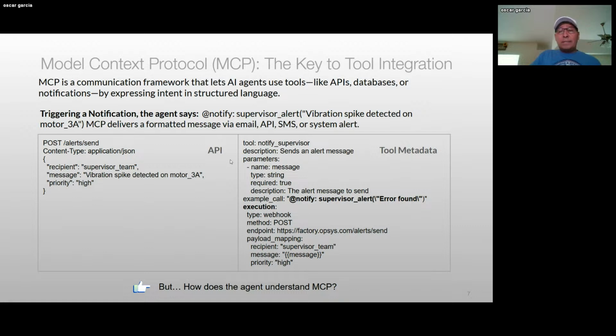But the whole purpose is that you may have an API. Let's take as an example this POST API, RESTful API that sends a notification, right? That's your classical API definition with a content type, with a recipient and message and priority. But this, the agent cannot understand, right?